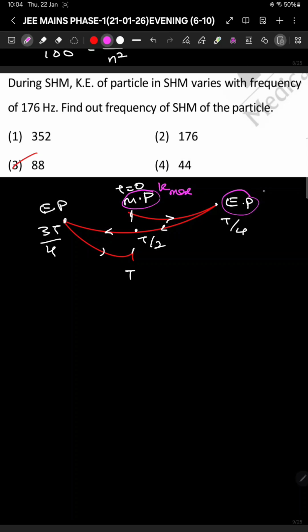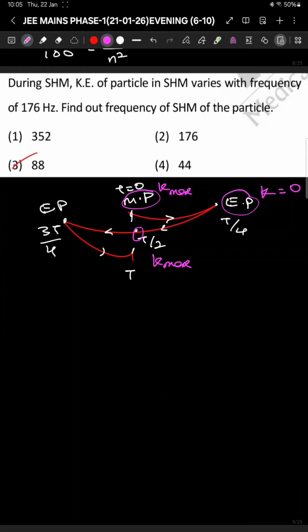At the extreme position, kinetic energy will be minimum. Again at the mean position, kinetic energy will be maximum. The repetition of kinetic energy takes place after half the time period. That means for kinetic energy, the period is T by 2.